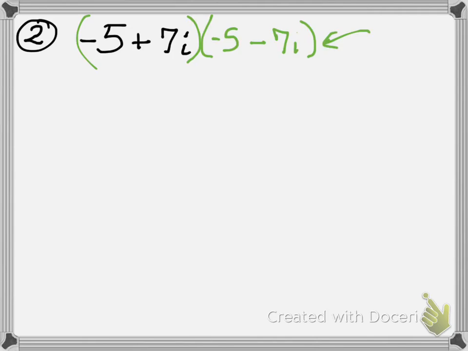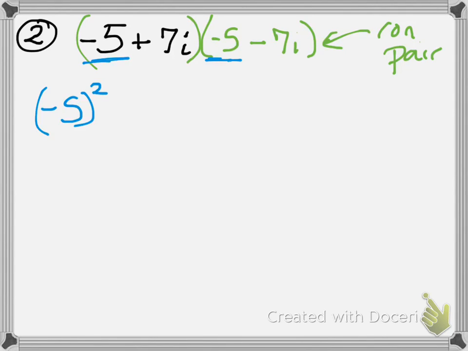So that's the conjugate pair. Now we're going to multiply. First terms times each other, so -5 times -5, so that's -5 squared. Always a minus sign. And the last terms multiplied together.